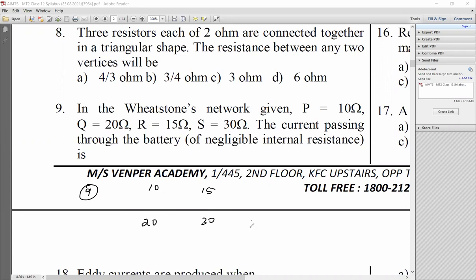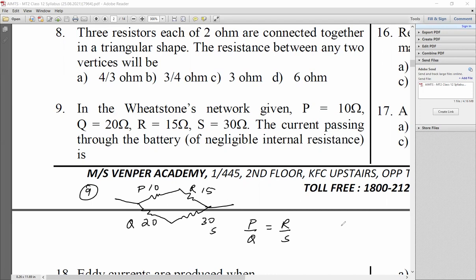In a Wheatstone bridge, if P by Q is equal to R by S, then no current will flow here. That means P and R will be in series, and Q and S will be in series.